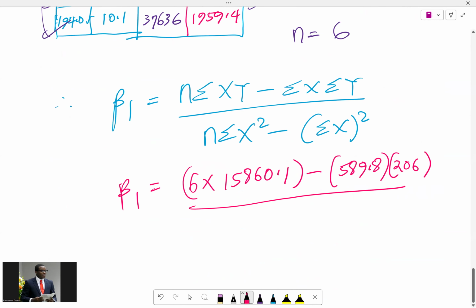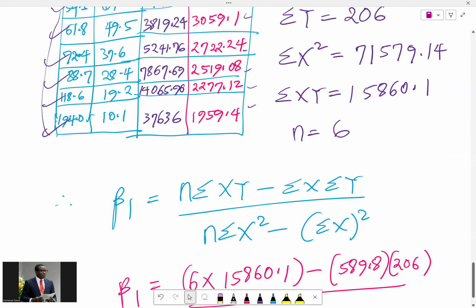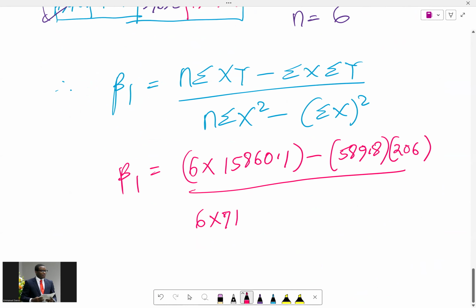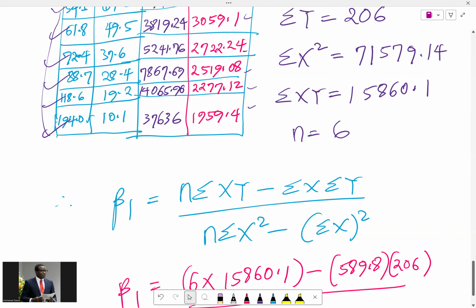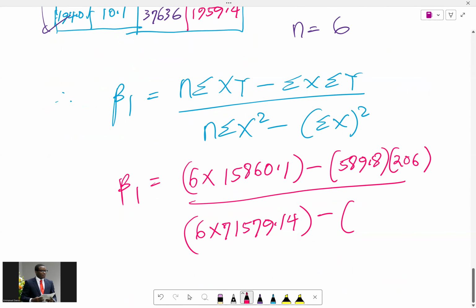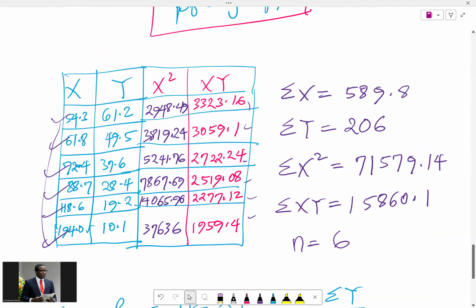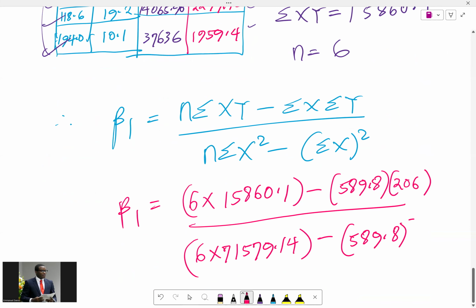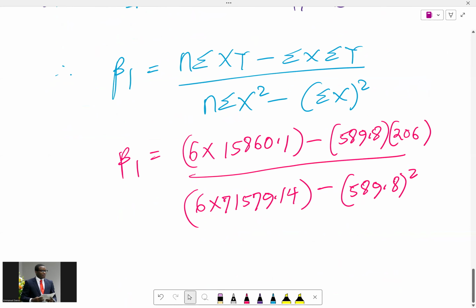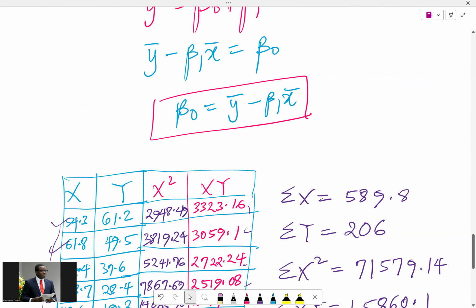Then divided by n again, 6, times summation x squared, which is 71579.14. Then minus summation x all squared. Summation x is 589.8, all squared. So this is another level of breakthrough if you can do all this without mixing anything up.